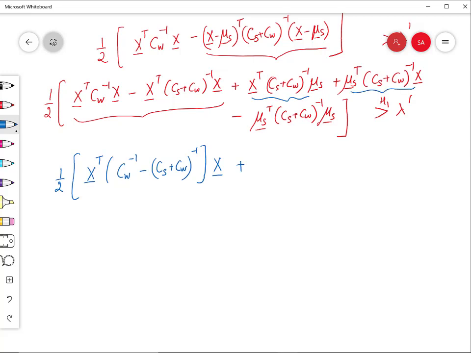If you take the transpose you get the other one, so I can directly write it as 2 times x transpose (CS plus CW) inverse mu of s, and this particular quantity is a constant. I can take it to the other side, so let me put a lambda double dash, and this is my test hypothesis. So this is my T of x in this particular case.